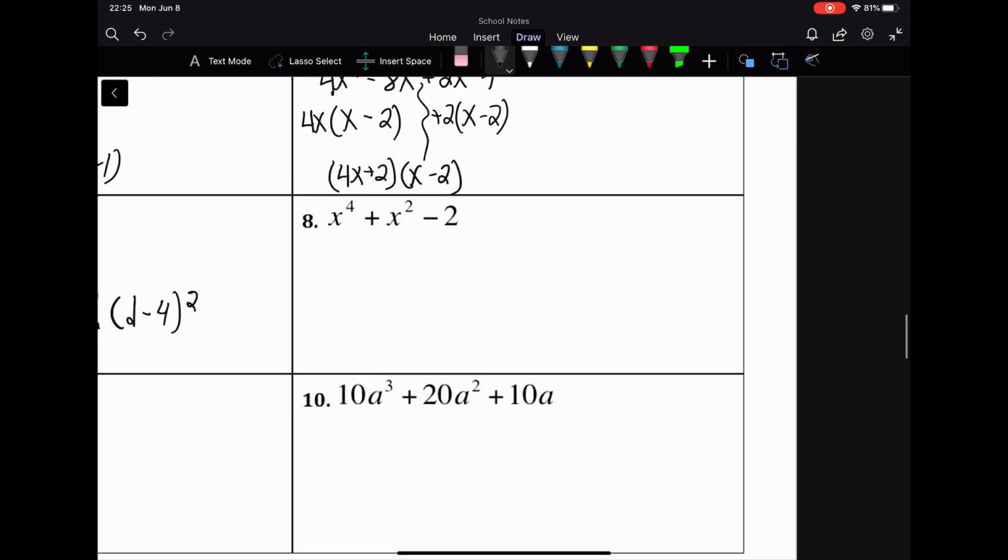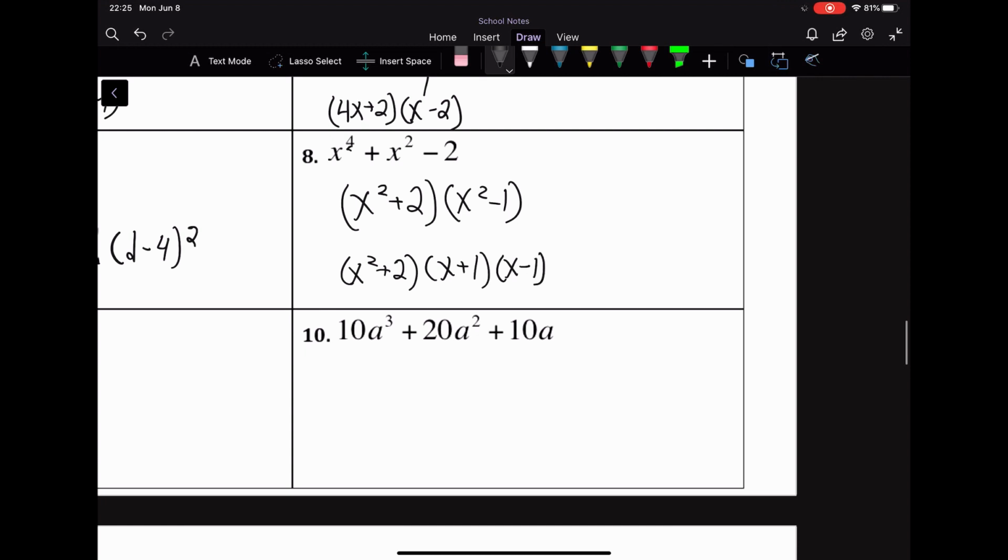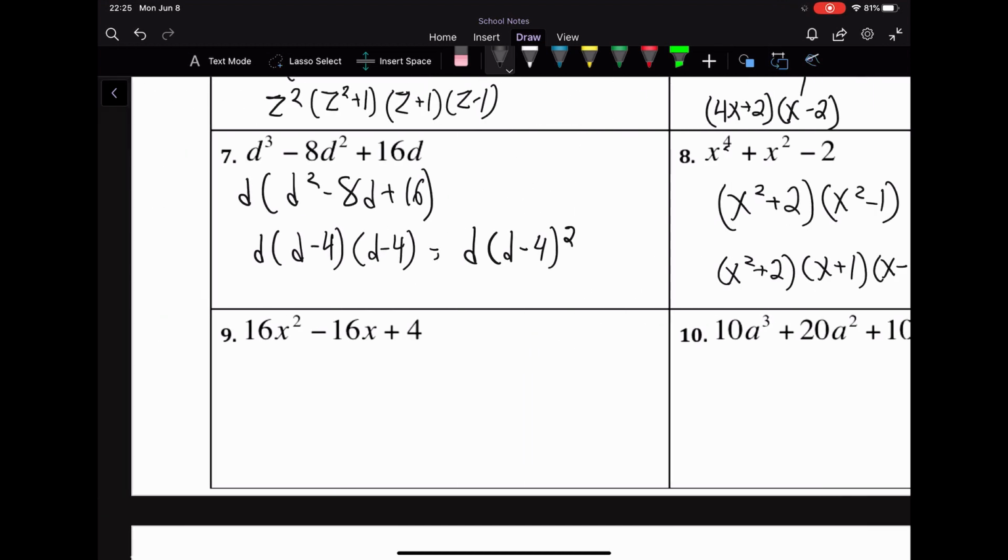But just also keep in mind, because we have x to the 4th, we're going to have x squared plus 2 and x squared minus 1. This x squared plus 2 is good. Can't do anything with it. So we'll rewrite it down here, but we could still factor a little bit further, and we'll have x plus 1 times x minus 1. And now we're good on this one.